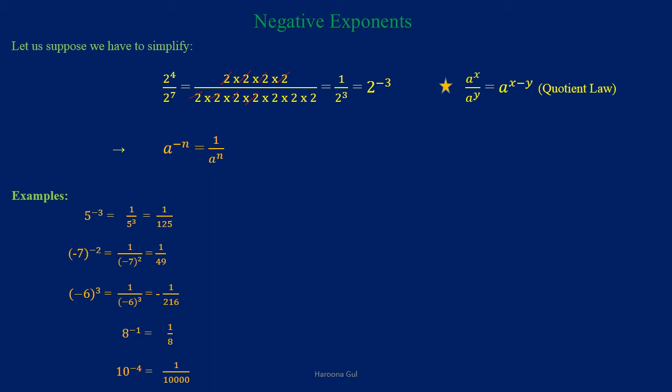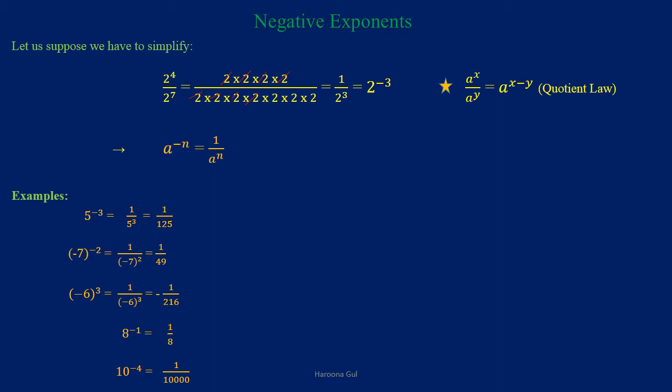A few examples here tell us how a positive and negative base works with a negative or positive exponent. Now, -7 whole raised to the power minus 2 is equal to 1 over -7 the whole square, which is equal to 1 over 49.